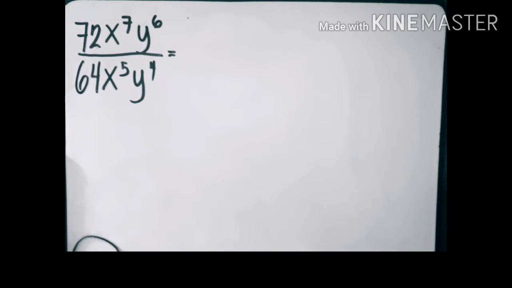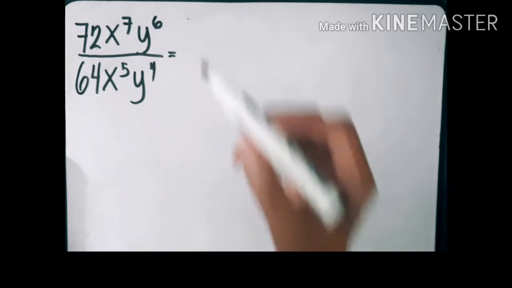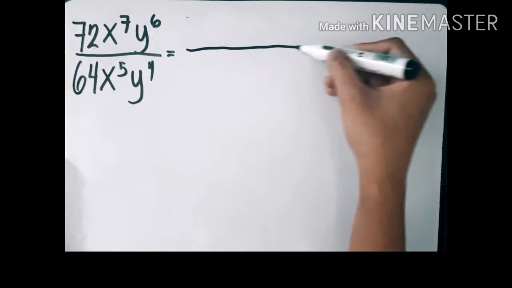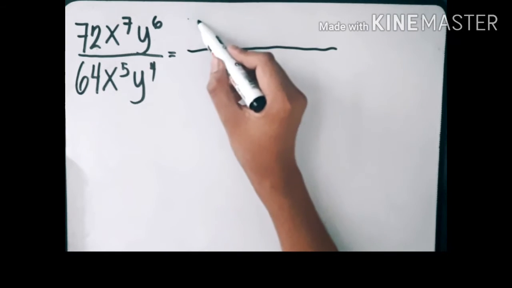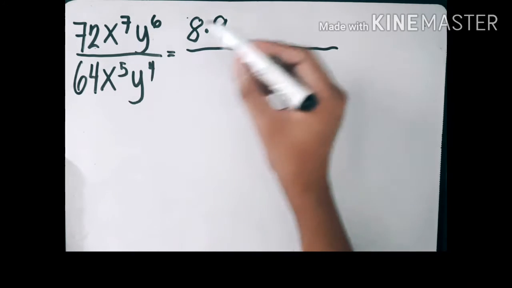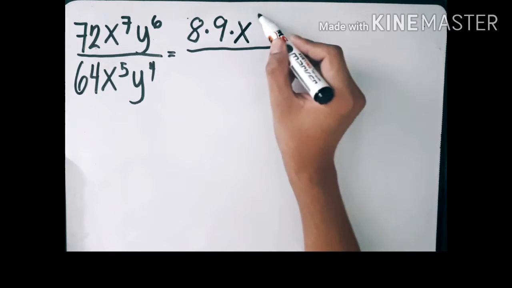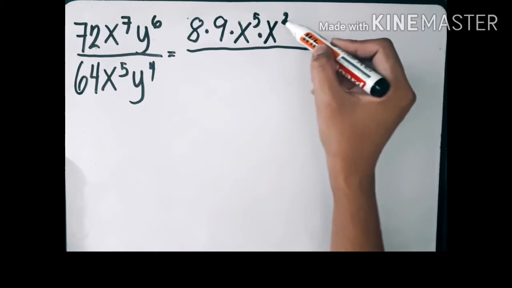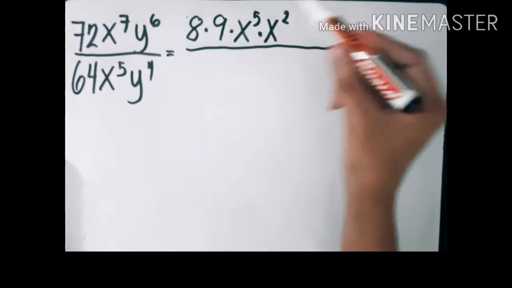How about 72x raised to 7, y raised to 6 over 64x raised to 5, and y raised to 4. So una, himay-himayin muna natin or kunin natin yung greatest common factor nila sa numerator. 72 is actually 8 multiplied by 9, and x raised to 7 could be x raised to 5 multiplied by x raised to 2, kasi 5 plus 2 is 7.